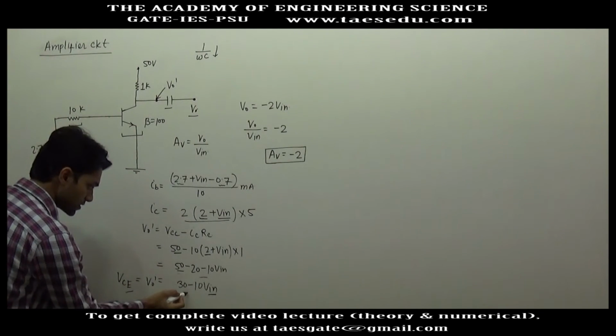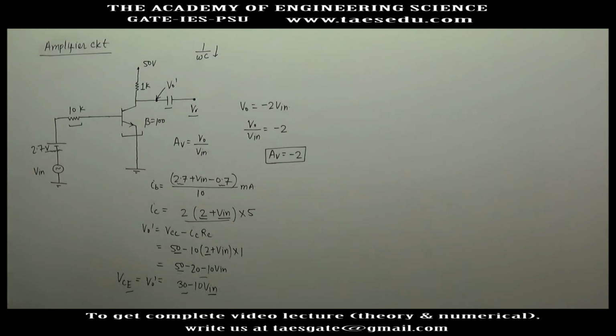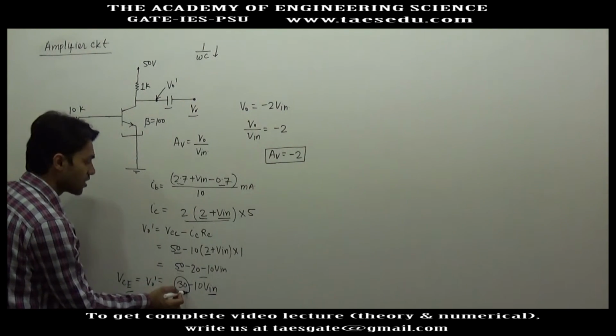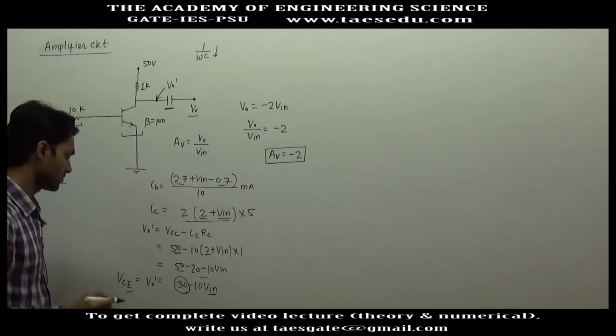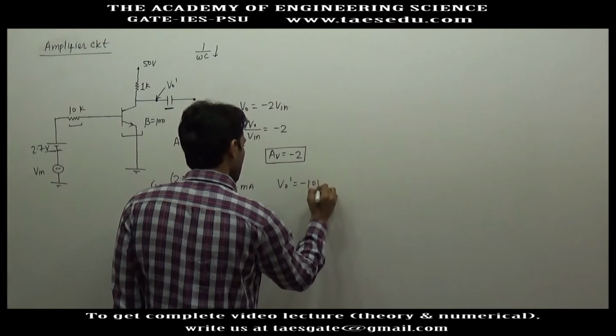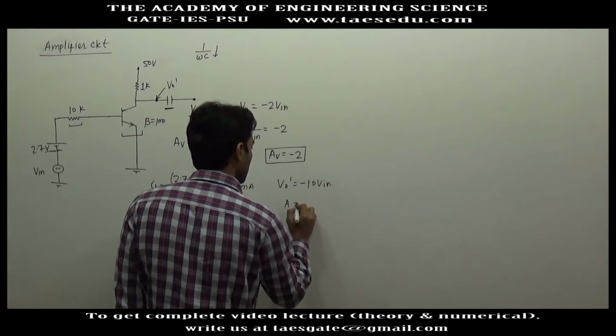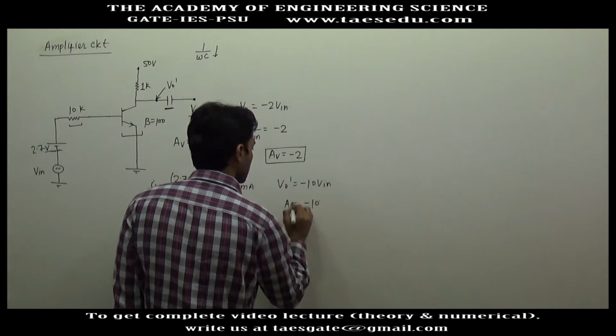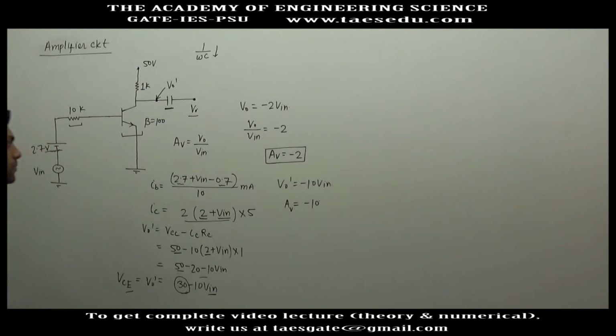So VCE is still 30 volt, which is fairly greater than 0, so the transistor will still be in the active region. Now this 30 volt will be filtered out by the capacitor. So now V naught dash will be minus 10 into V input, and the voltage gain will be minus 10.